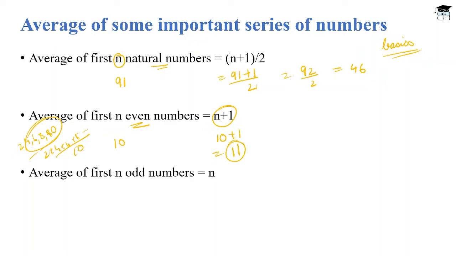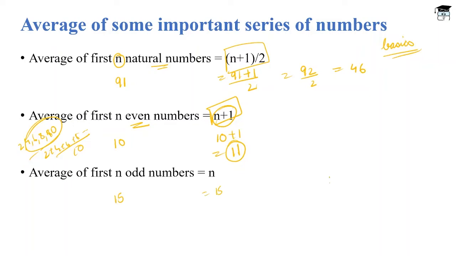So what is our basic motive? Our basic motive is that we have to solve these questions in seconds. While using such shortcuts, you'll be able to calculate the answers very quickly. Third, the average of first n odd numbers is n. For example, if the question says find the average of first 15 odd numbers, the average would be 15.